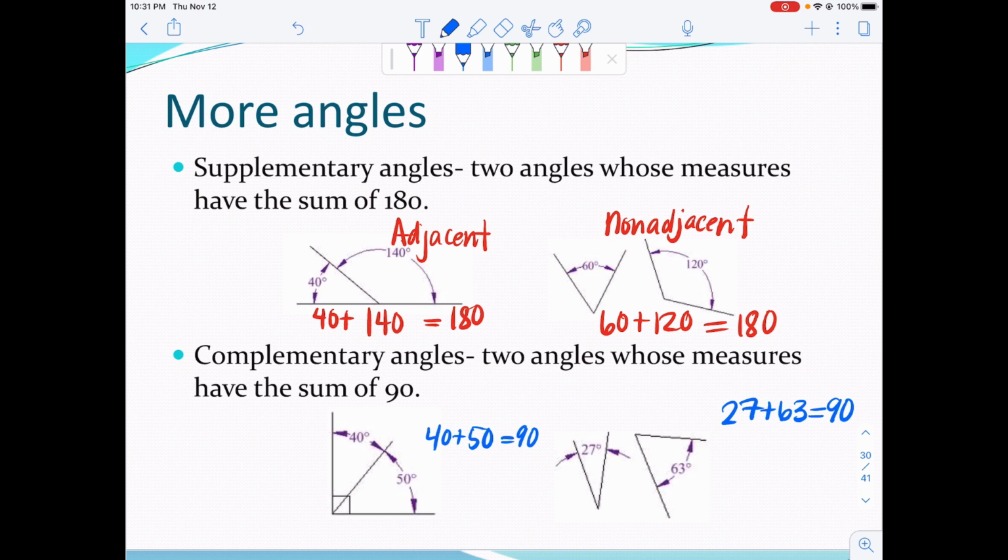So complementary means the same thing, that you don't actually have to have them adjacent. They just have to have the sum of 90 degrees. So you'll notice that this first diagram includes a set of adjacent angles, and the second one is a set of non-adjacent angles. They don't have to be next to each other, or they can be.